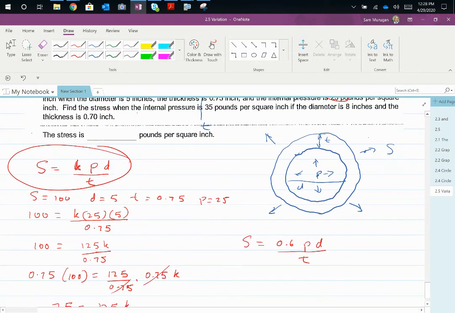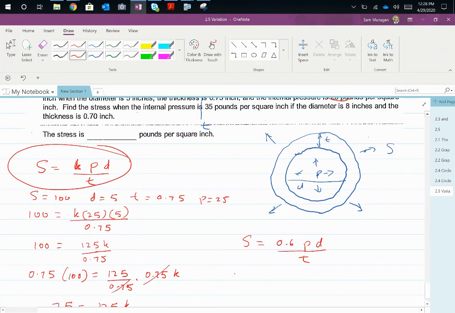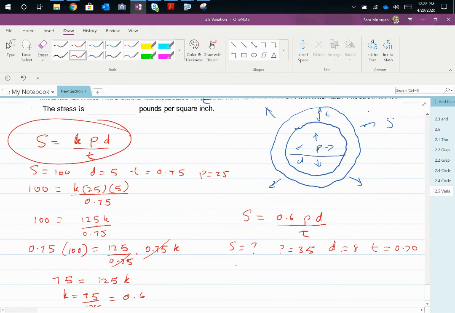Now let's see what they want us to compute. Find the stress when the internal pressure is 35, diameter is 8, and thickness is 0.70. So substituting, we have S is equal to 0.6 times 35 times 8 divided by 0.70.